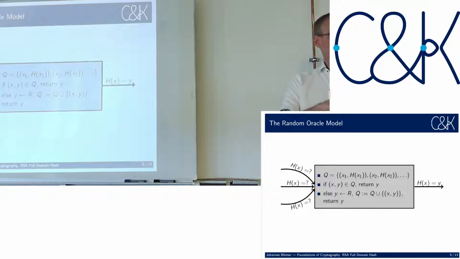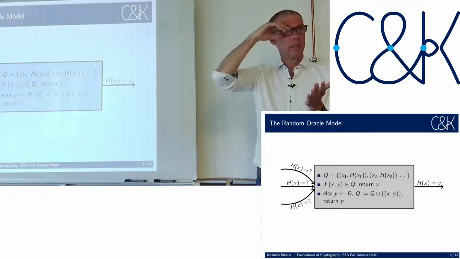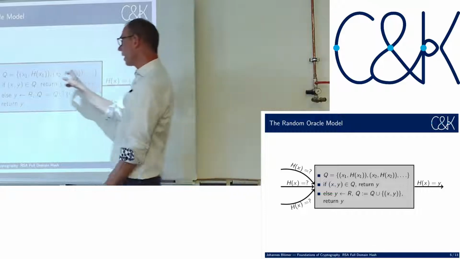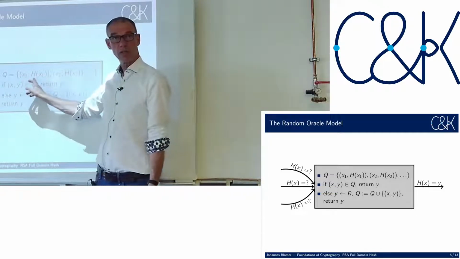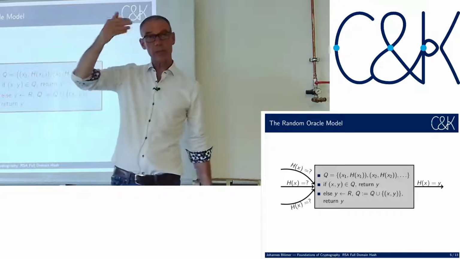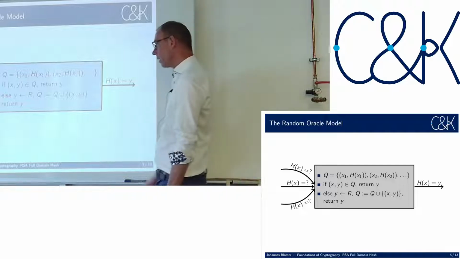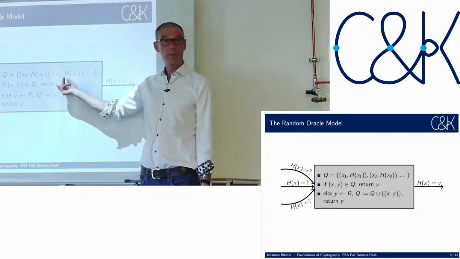So it always keeps a partial function. Partial meaning that it is defined on a certain number of arguments already. And if it's queried again on one of these arguments for which it already provided the answer, it returns the same y.